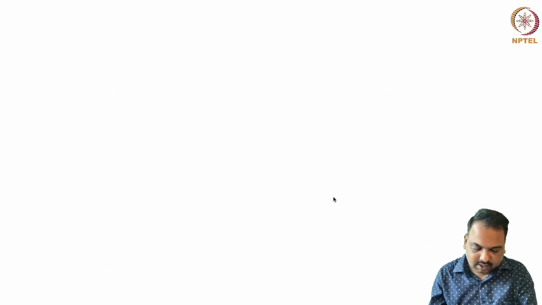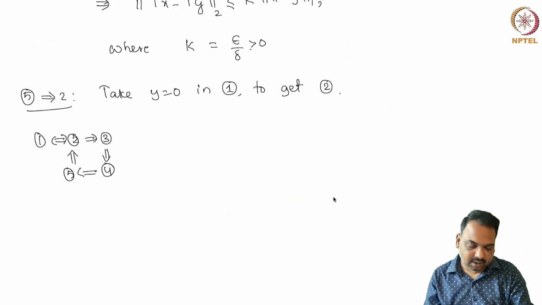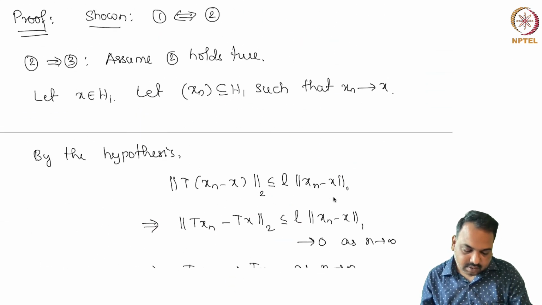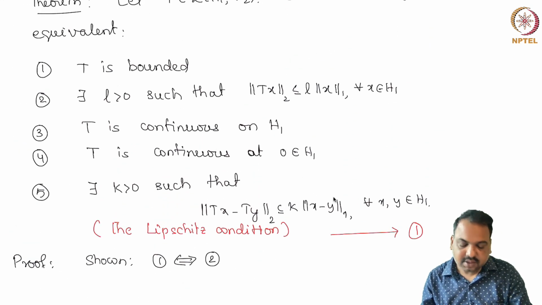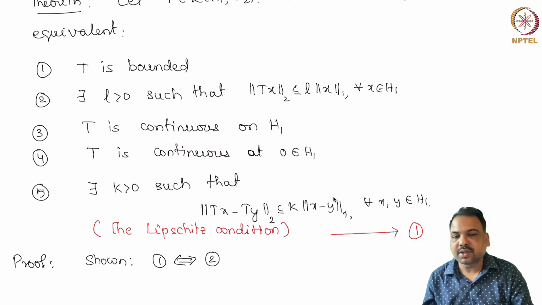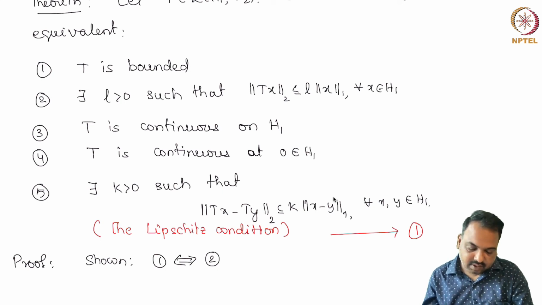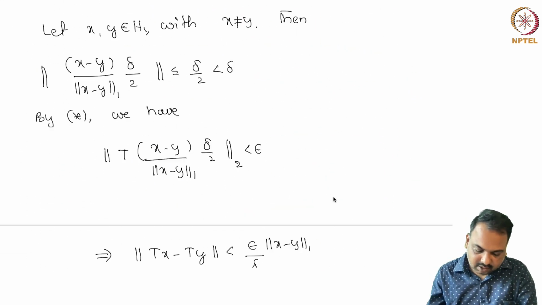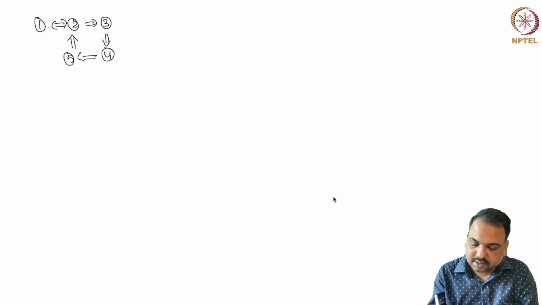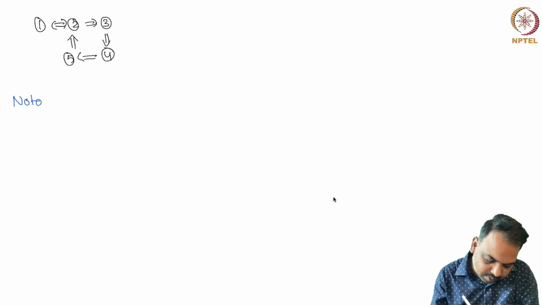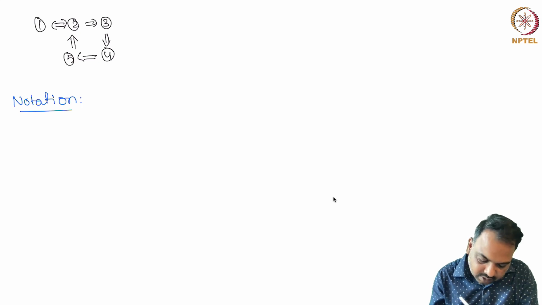So let us fix a notation for the set of all bounded linear maps. As we have just now proved that bounded linear maps are nothing but continuous maps, or continuous at a particular point, it is enough to verify continuity at one point instead of verifying continuity at every point. So we denote the set of all bounded linear maps from H1 into H2 by B(H1, H2).